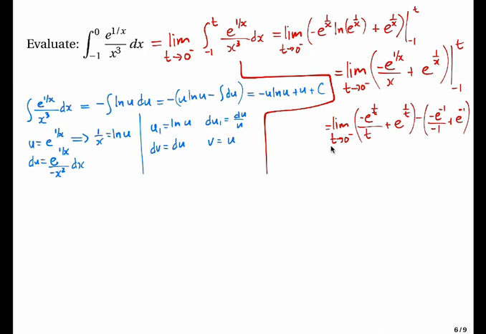This guy here, as t approaches 0 from the left, 1 over t will go to negative infinity, e to the negative infinity, that's equal to 0. So we'll just have to worry about this now. Okay? This is of type 0 over 0, so we can use L'Hopital's rule.